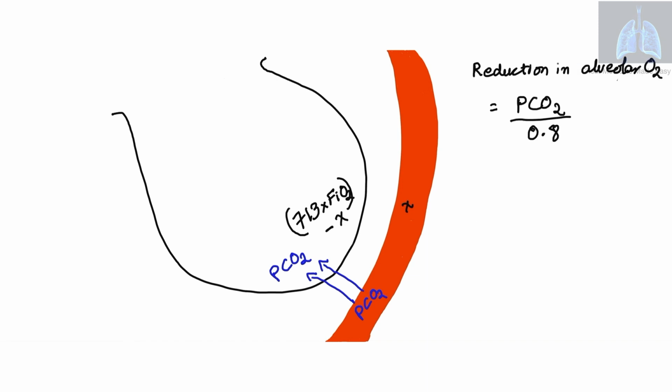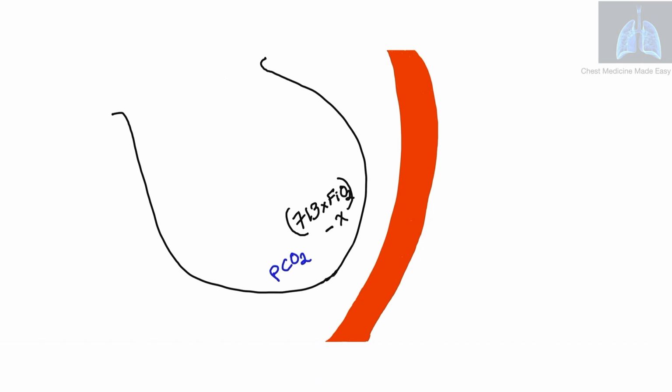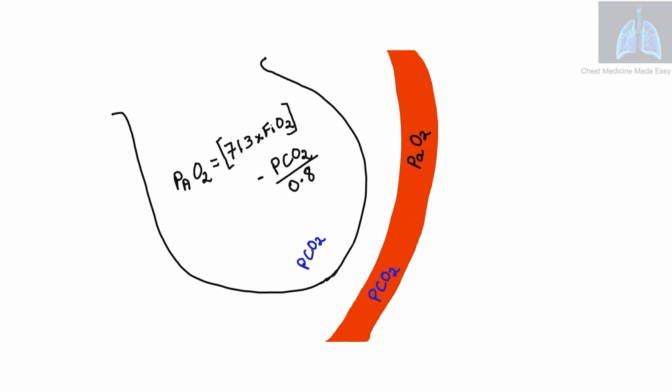So the reduction in the alveolar O2 is PCO2 divided by 0.8. So the alveolar oxygen is 713 multiplied by the fraction of inspired oxygen, minus PCO2 divided by 0.8. And this is known as the alveolar gas equation.